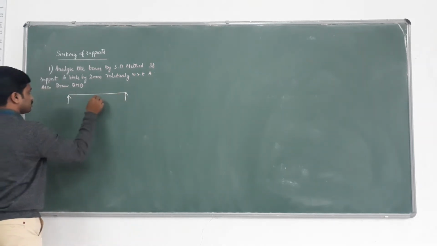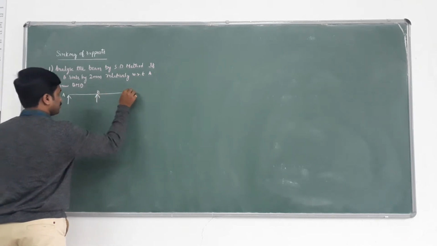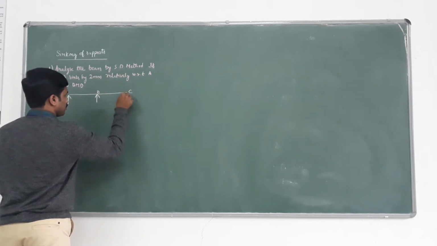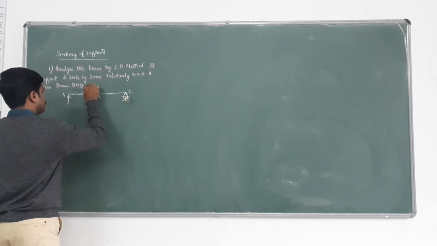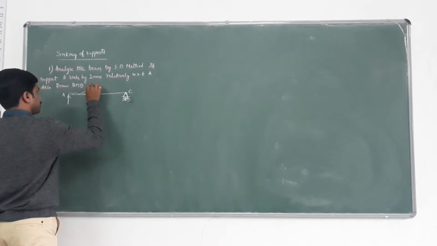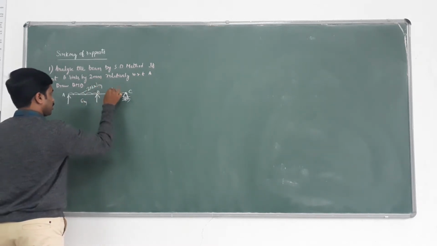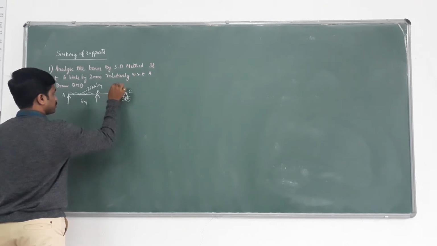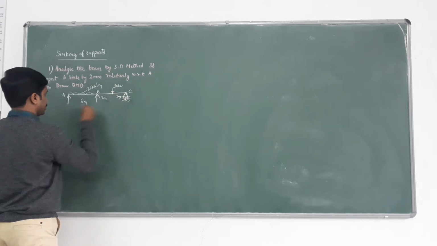In this problem, you have 3 joints A, B, C. Span AB carries a UDL of 20 kN per meter over a span of 6 meter, and span BC is subjected to a 30 kN load at the center, 2 meter and 2 meter.